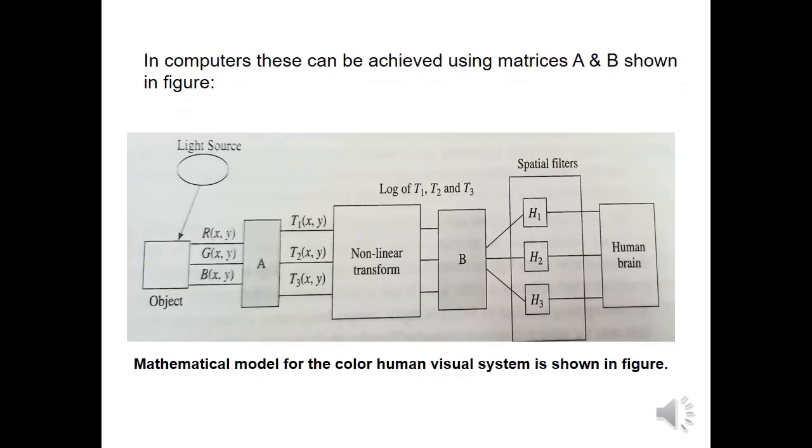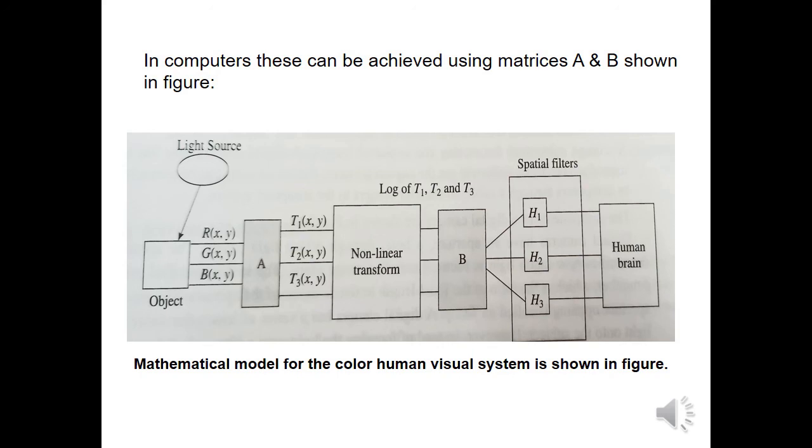This is the mathematical model for the color human visual system. In this diagram, you can see that non-linear transforms are applied to the input. Again, light is imparted on the object, then it is processed, and again a non-linear transformation is done.